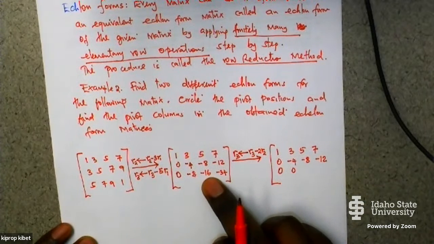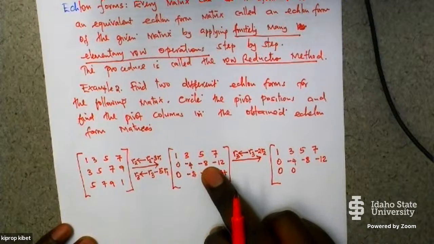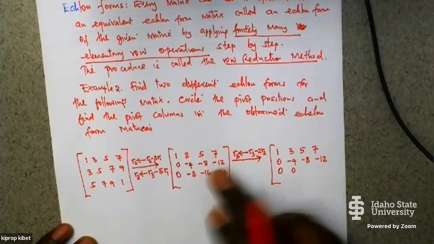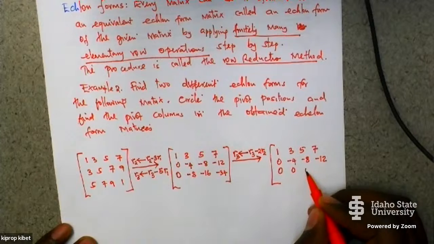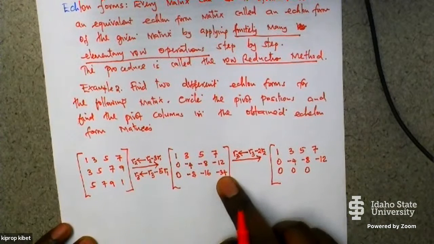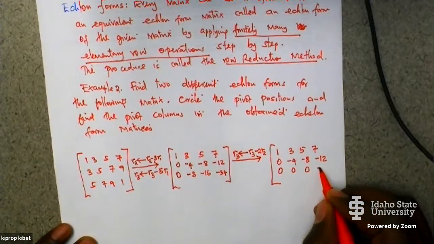Minus 16 minus 8 is 0. Then minus 34 minus 24 is minus 58.